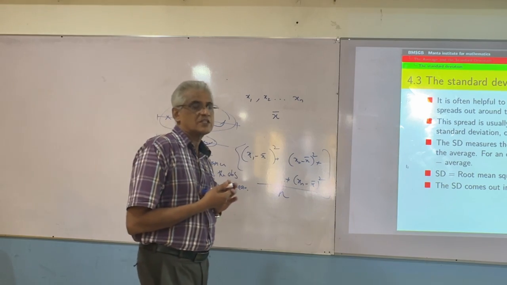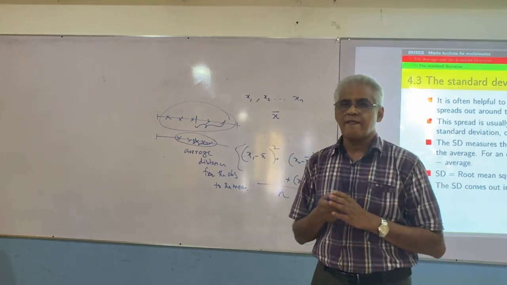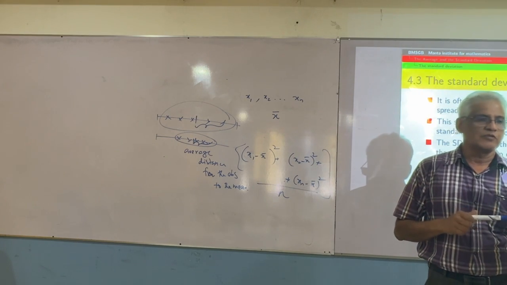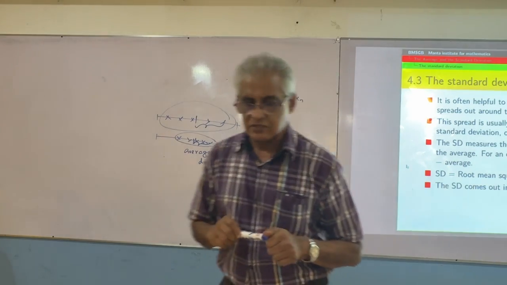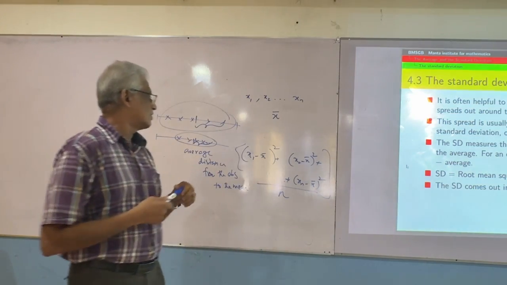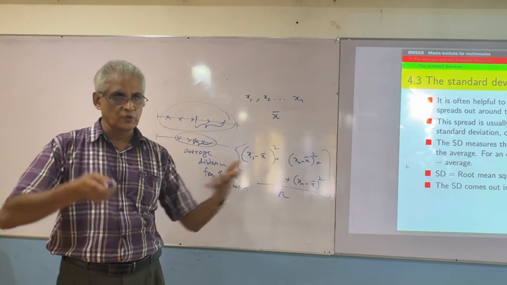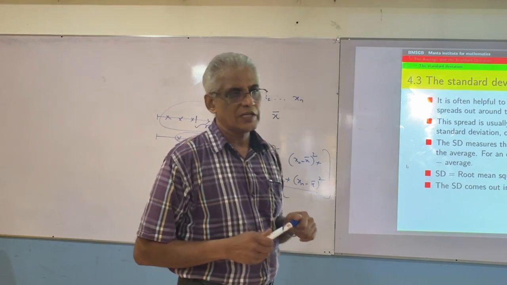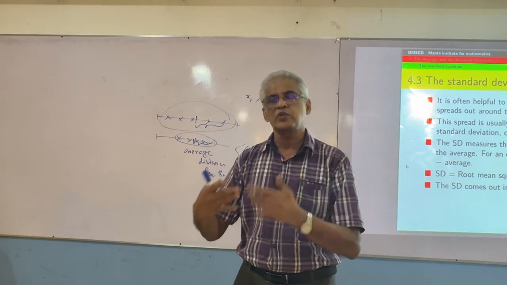What is the weakness of the variance? The dimensions don't match. That's right, exactly. It's very difficult to understand what the value gives you. For example, if you have 25 as the value, its unit will be the squared unit of your data.